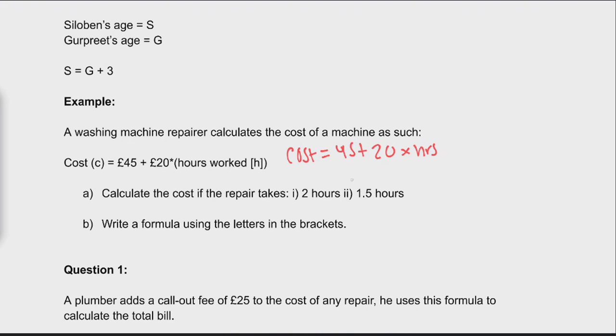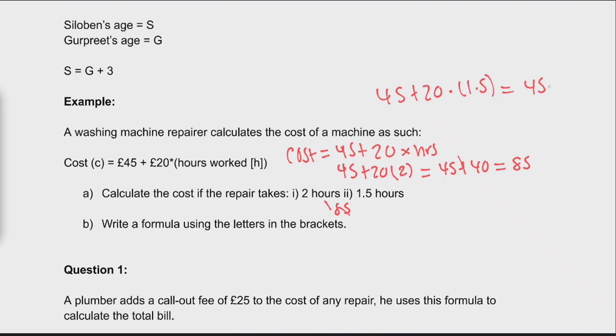If the repair takes 2 hours, 45 plus 20 times 2, that is equal to 45 plus 40, which is equal to 85. Now, what if the repair takes 1.5 hours? Same thing: 45 plus 20 times 1.5, which is going to be 45 plus 30, which is going to be 75.